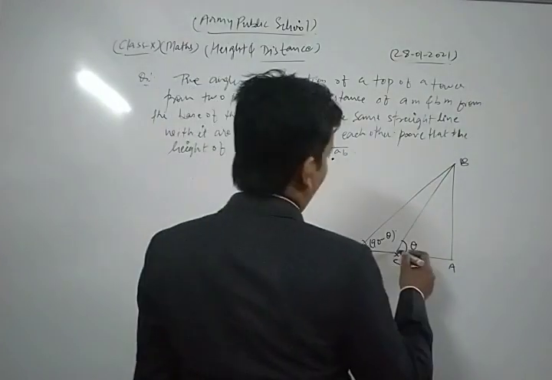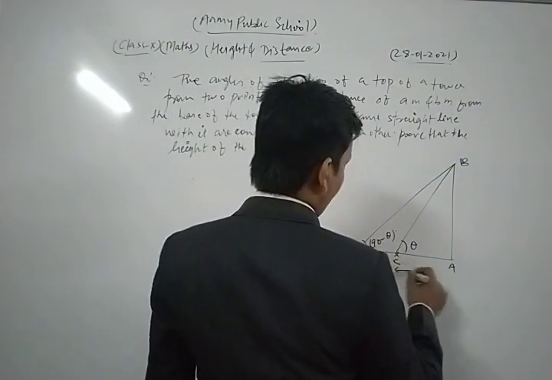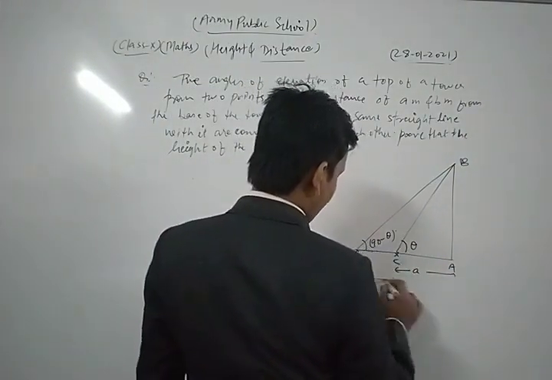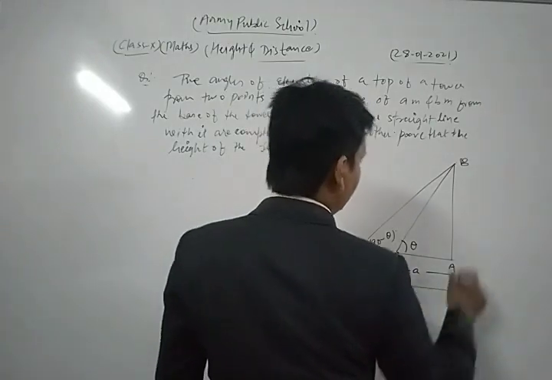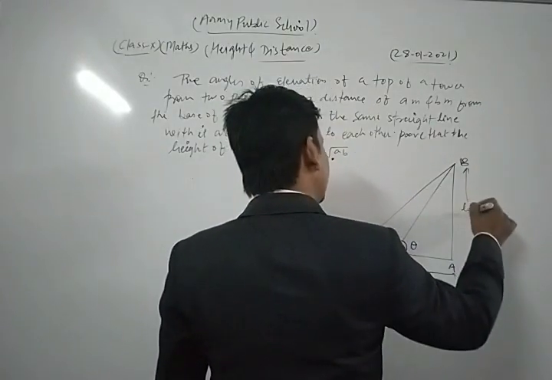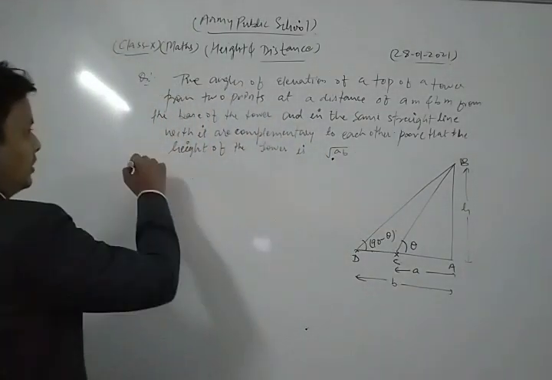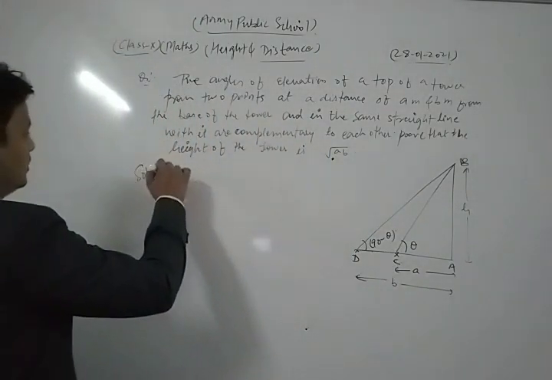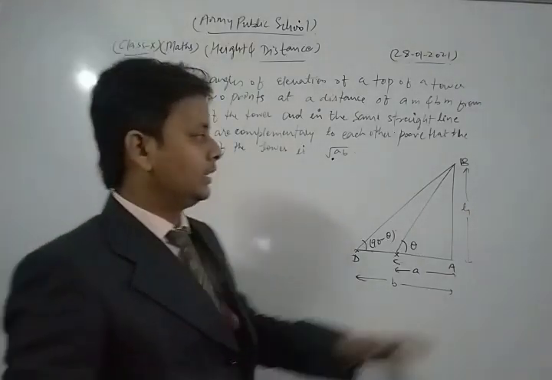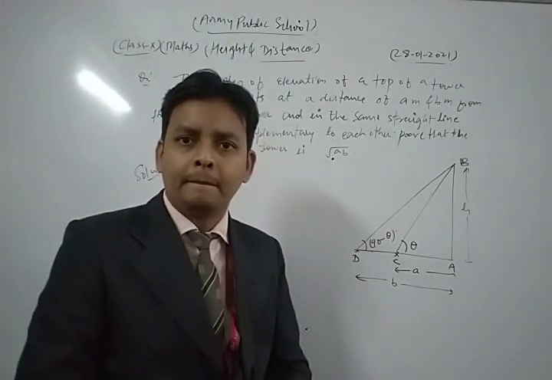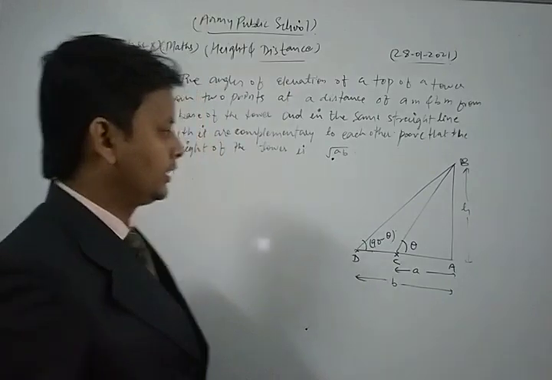And we have two points C and D, at distances a and b respectively from the base of the tower. Let us take the height of the tower as h. So let's see its solution.